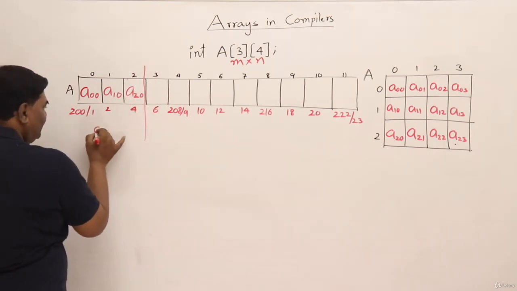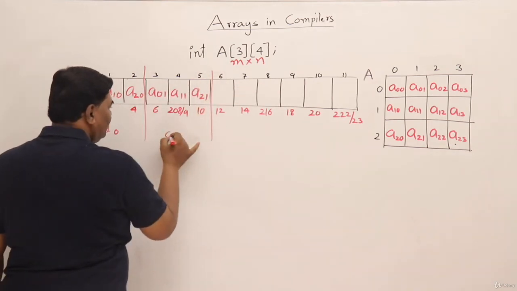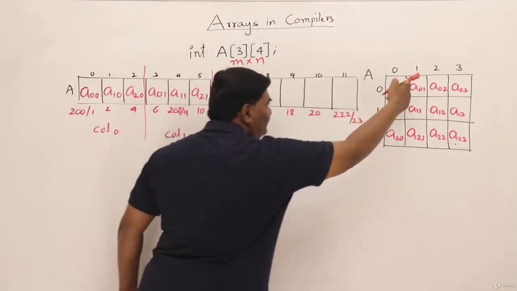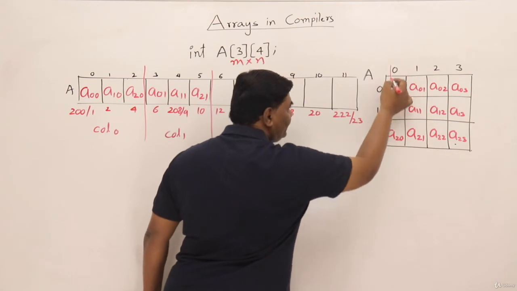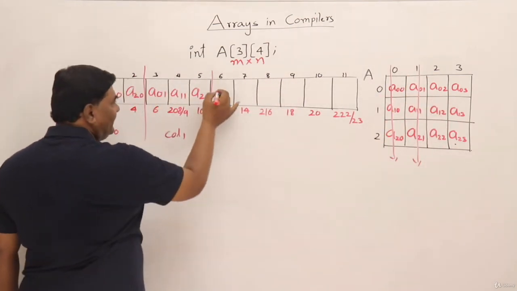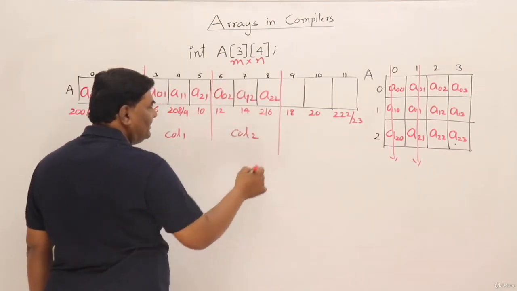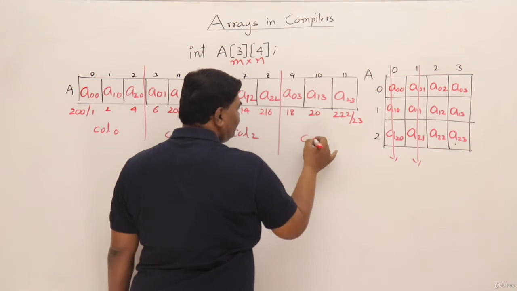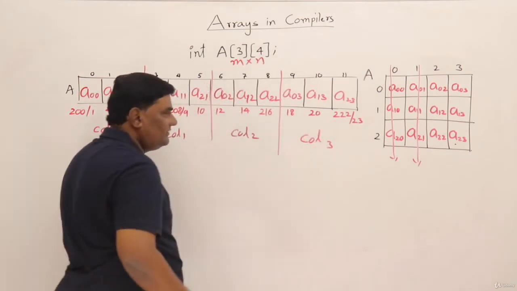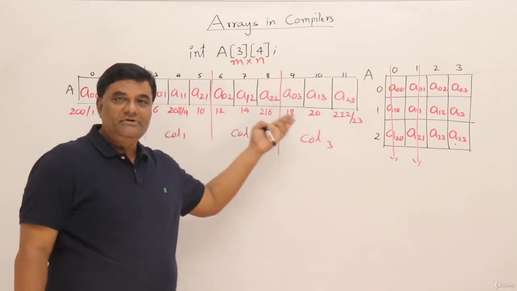This is column index 0, then this is column index 1. I have finished with these elements. Now the next column, A[0][2]. This is column 2, then this is column 3. So the elements of a two-dimensional array are mapped column by column.